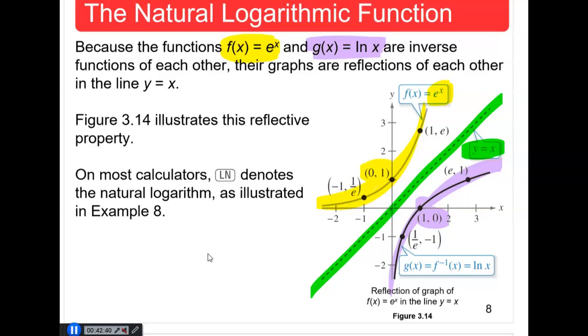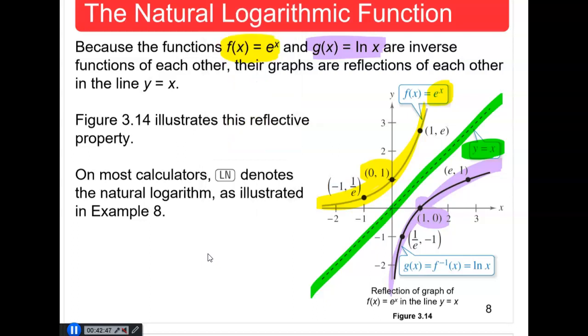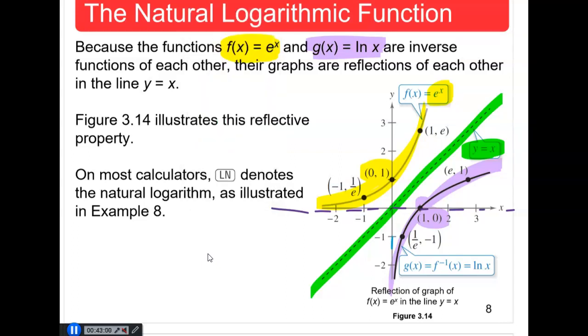And then also, just so you remember, the exponential function does have that horizontal asymptote that we talked about, and then the other one, the logarithmic function, does not have a horizontal asymptote, but however it does have that vertical asymptote.